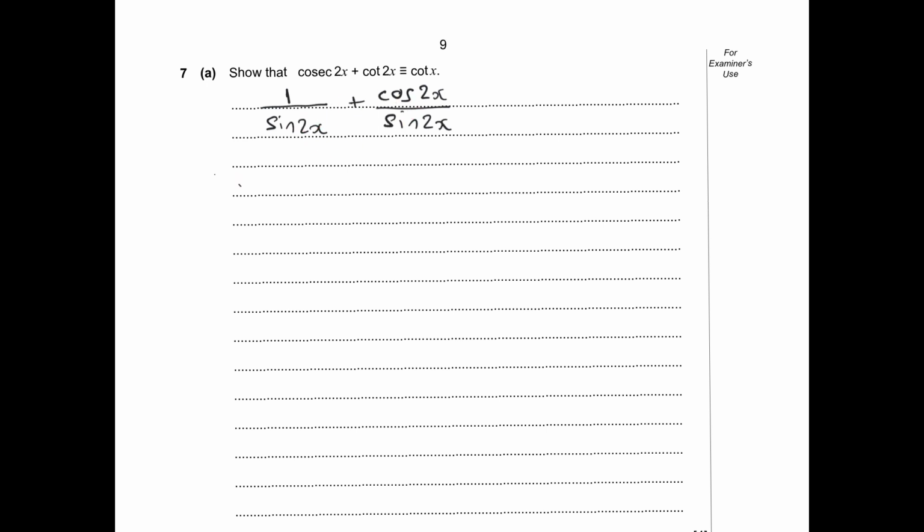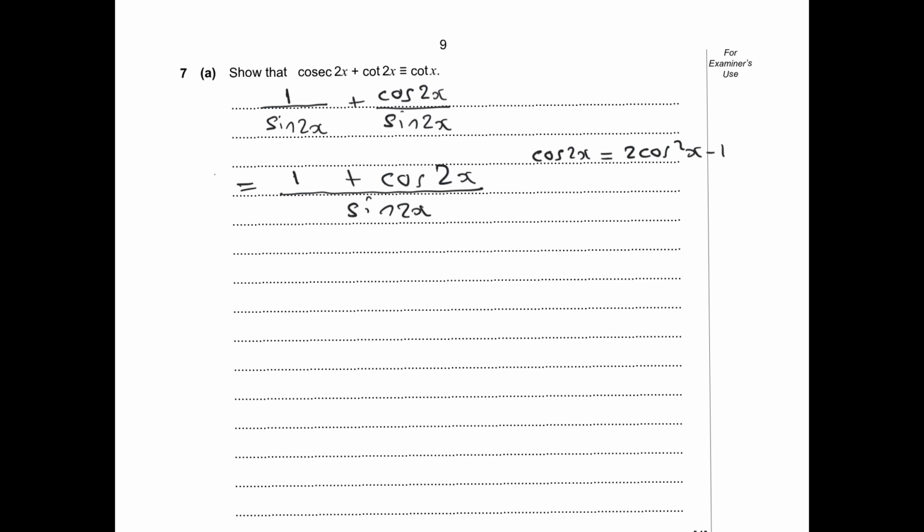So we should rewrite these two as a single fraction. What are we going to have here? We're going to have sine 2x. Remember, the denominators are already the same, so all we need to do is to add up the numerators. So it's 1 plus cos 2x. Now here we need to remember that cos 2x is actually equal to 2 cos squared x minus 1.